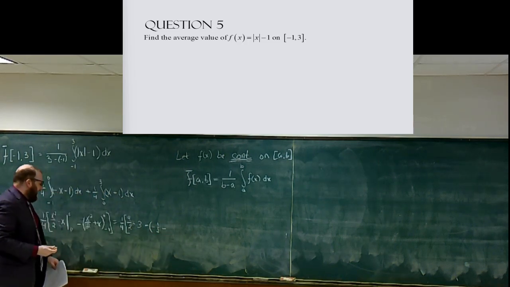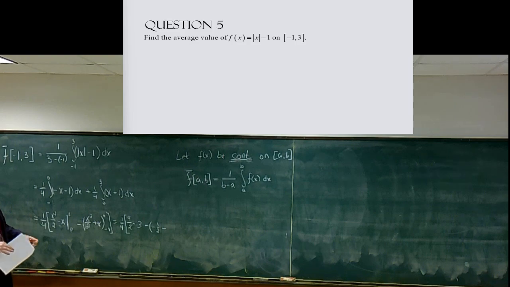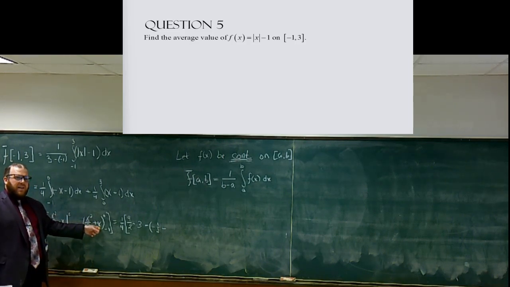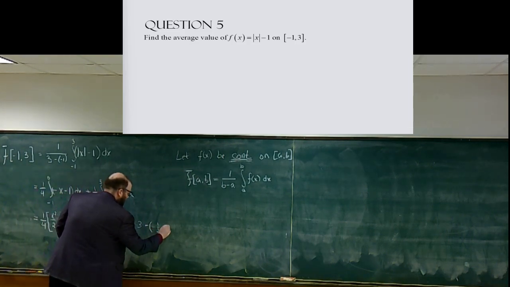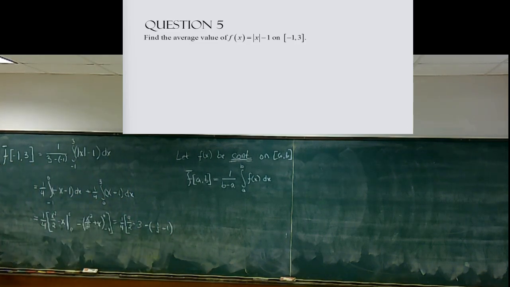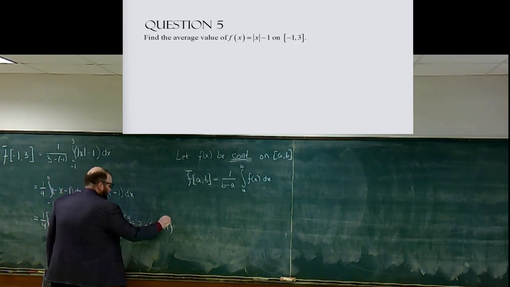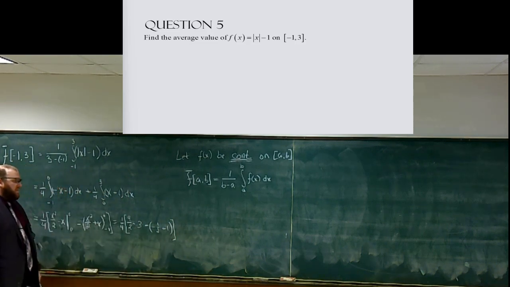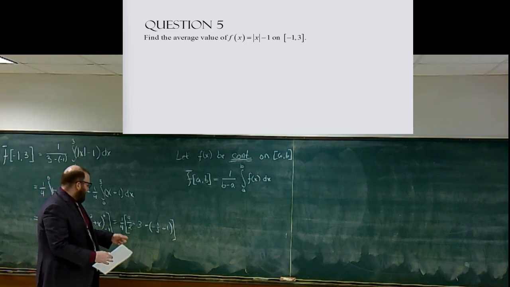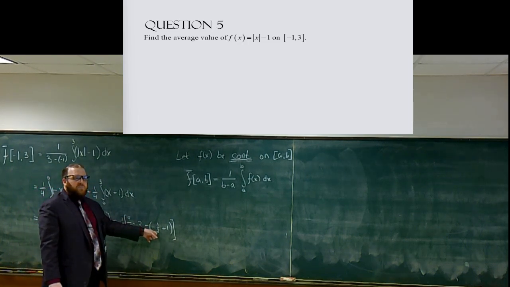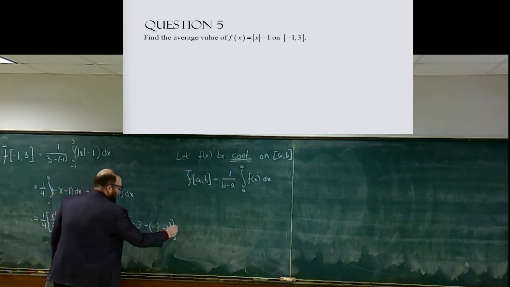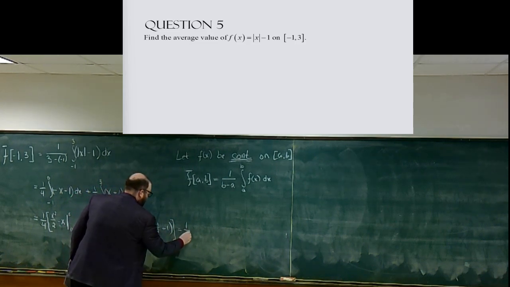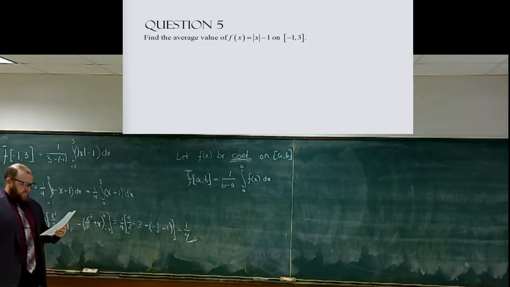Then we get minus 0 minus negative 1. Nine halves plus half is 5. Minus 3 is 2. Minus 1 is 1. Average value is a quarter.